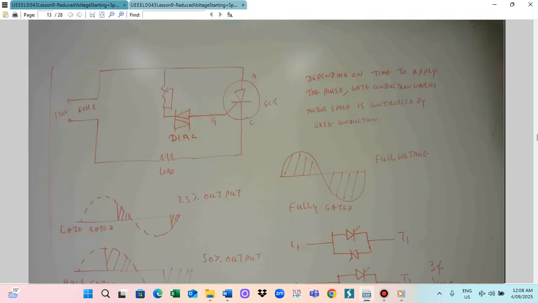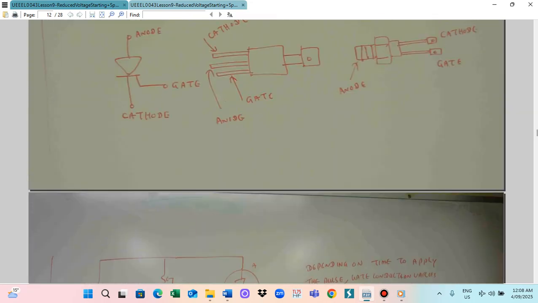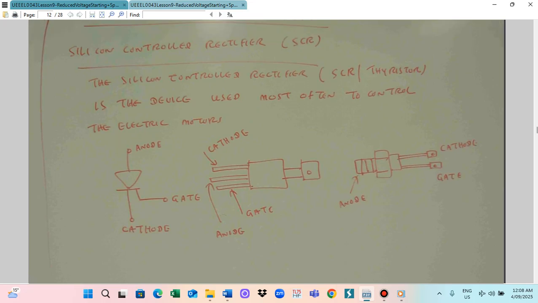Here we call it anode, cathode, and K. So this is the terminal connection. This is for the assembly diagram. This is for low power. This is a high power SCR. So when we use the SCR, we have to connect the circuit this way. This one is the adjuster, and this is the diode D1.